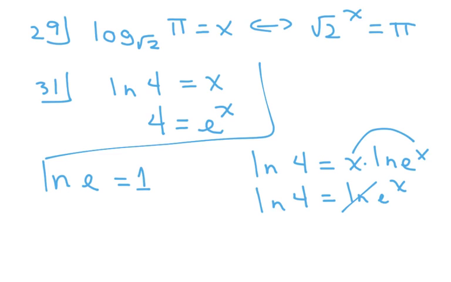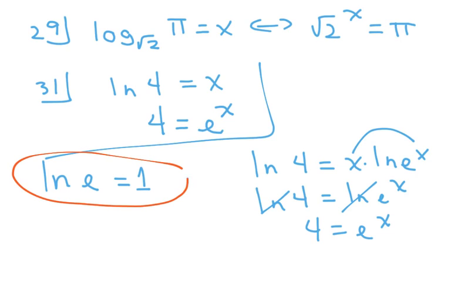Since I have the same thing here, I get 4 equals e to the x. Okay. Now, that's interesting. So just remember that natural log of e equals 1, and I think we can get through this because we haven't talked about that one yet.